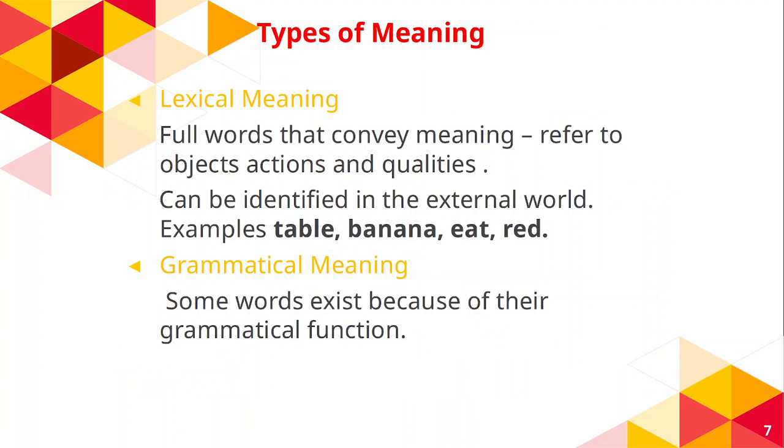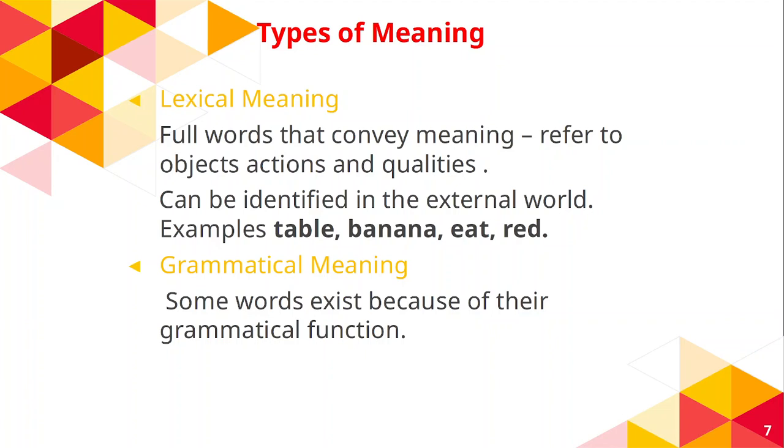Now let us see how many types of meaning are there in a language. You can broadly classify meaning into two types. The first is the lexical meaning, which include the words that convey meaning. In other words, we also call them content words. These meanings refer to objects, actions and qualities.